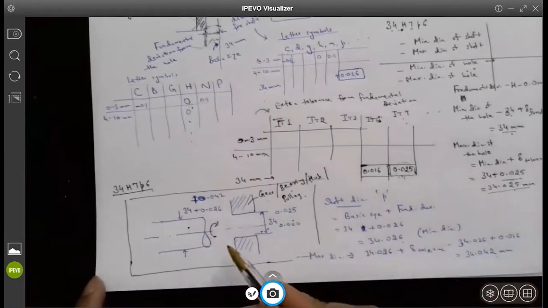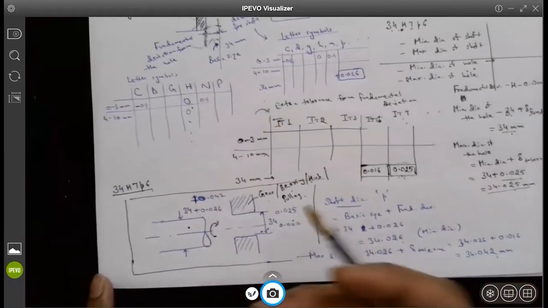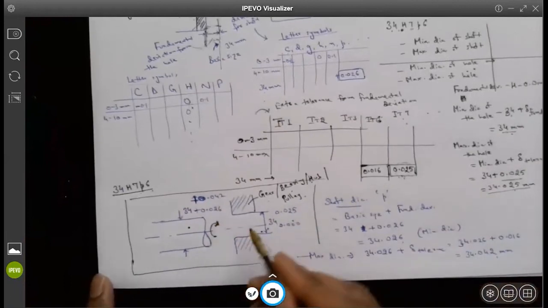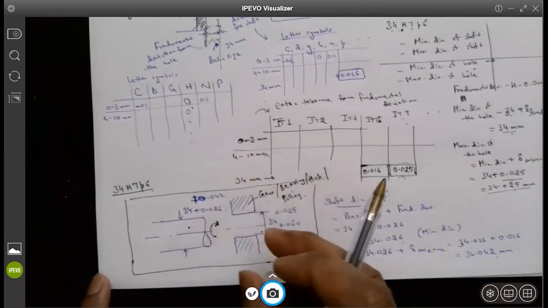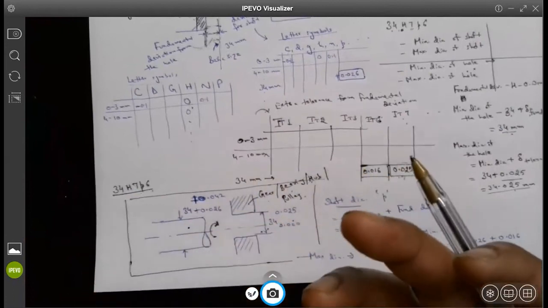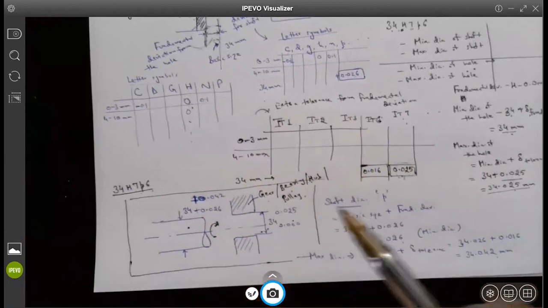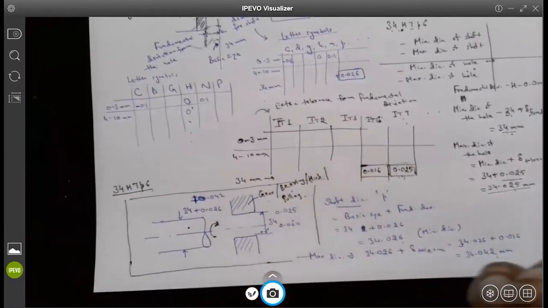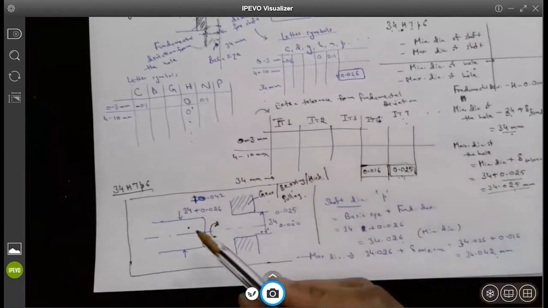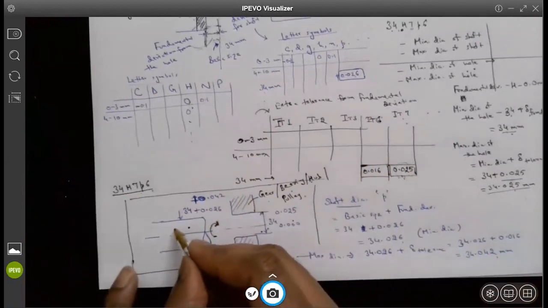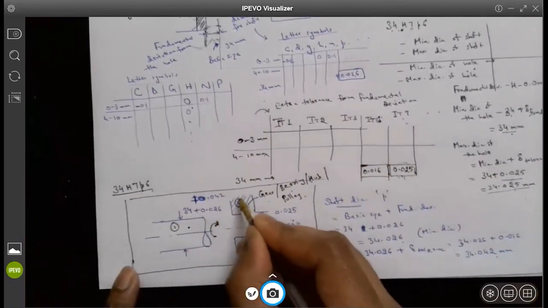So interference fits are useful to ensure that these two parts have a type of assembly which does not allow relative motion between them. This is part one and this is part two, and there is no relative motion.